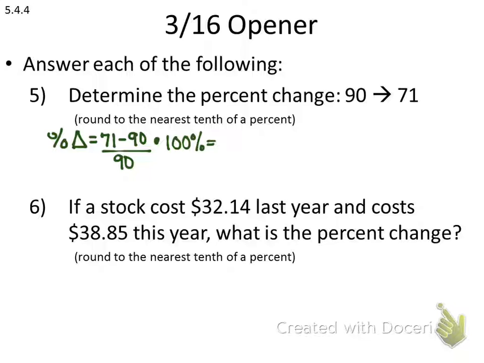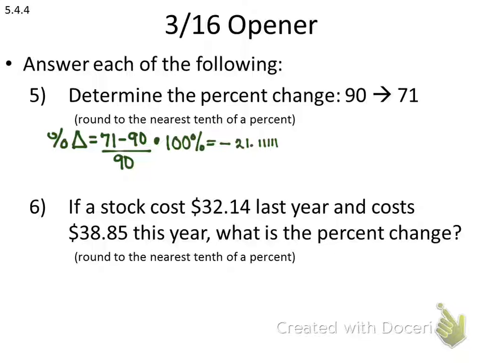21.111. What's in front of that 21.1111? Is it going to be an increase or a decrease? Negative. So it's going to be a decrease, and it's 21.11111. Now, our directions say we're going to round to the nearest tenth of a percent.